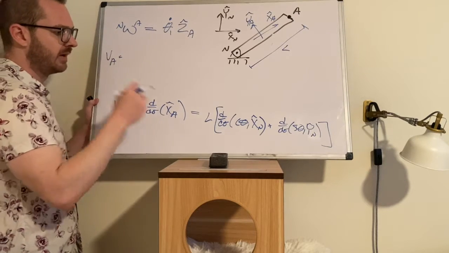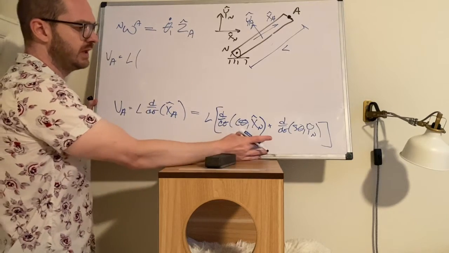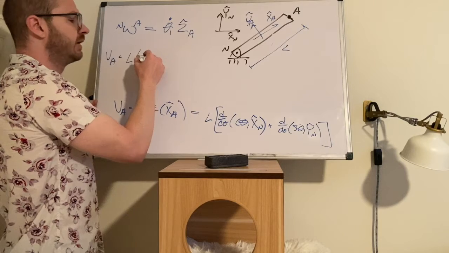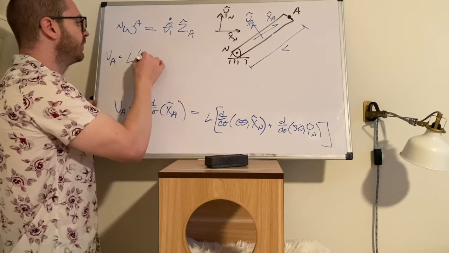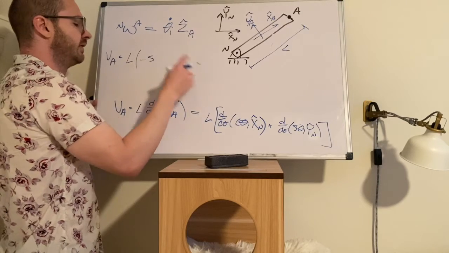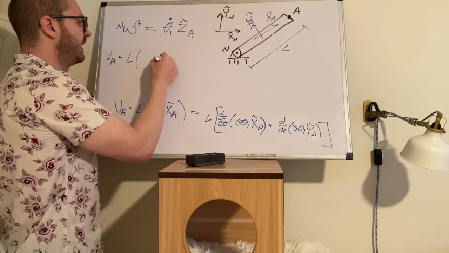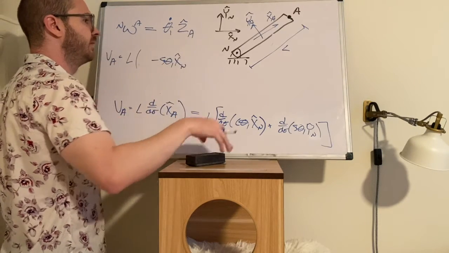So what is this going to equal when we go through and resolve these ddt's? So what's going to happen is we're going to have an L out front, and we're going to take ddt of each one of these. And the first one, ddt of cosine, is negative sine. So negative, I'm going to write it like this. I'm going to say negative sine theta 1 x hat n.